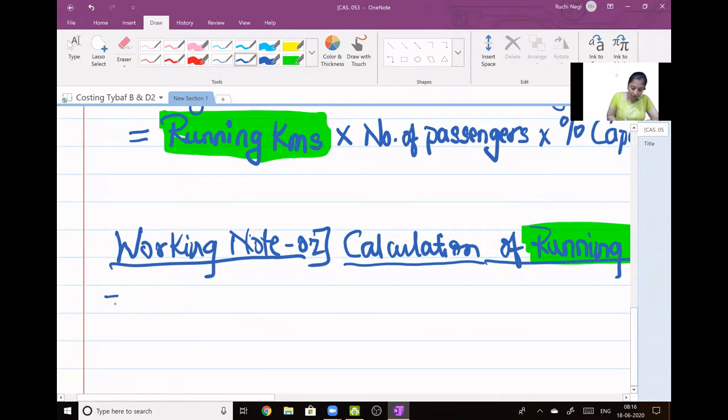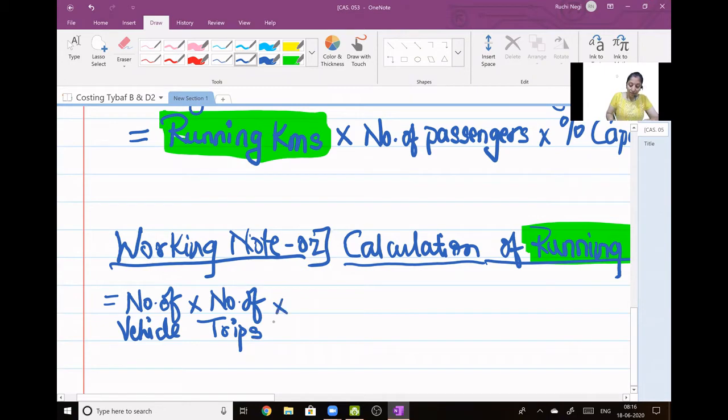Yeah, write it down. It is number of vehicles into number of trips into number of ways into kilometers run into days in a month.